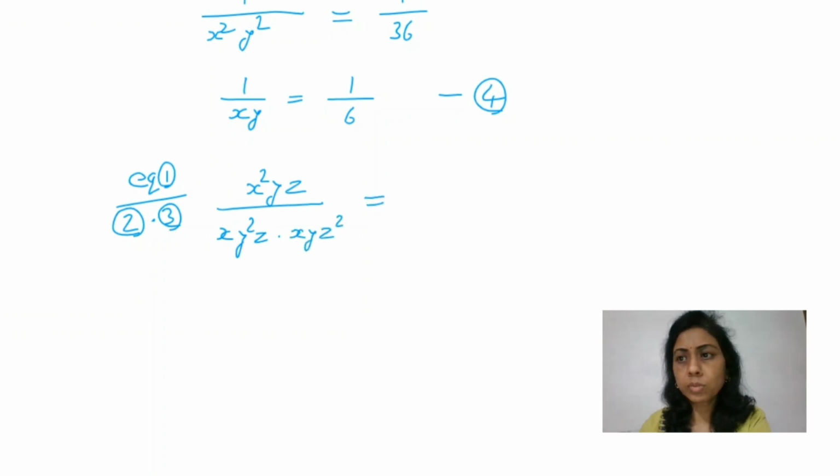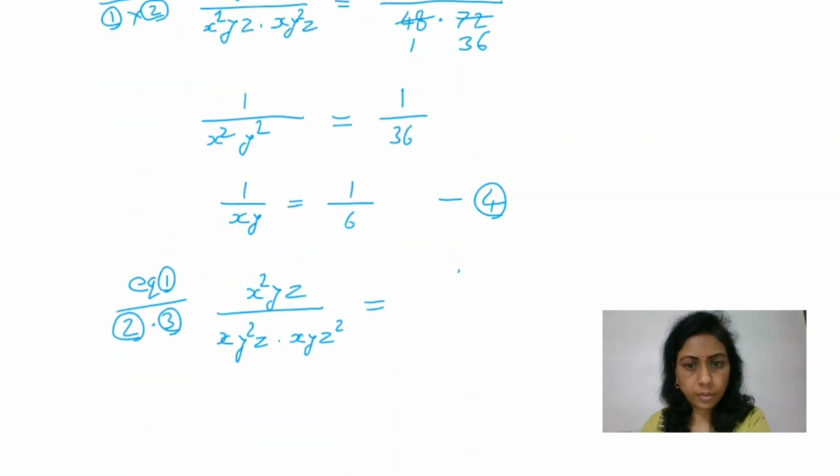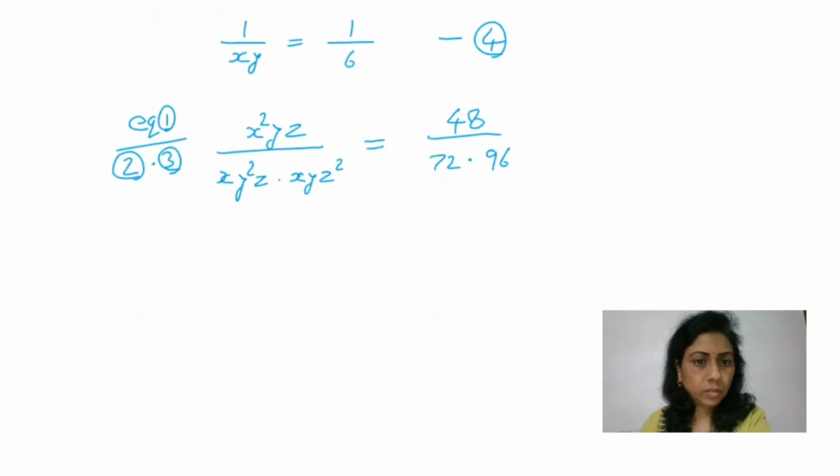These values, equation 1 is 48, and this is 72, second equation value, and third one is 96. So here x square and this x multiply x cancelled with x square, y cancel, left y square. This one z cancel, left z square, and here left 1.